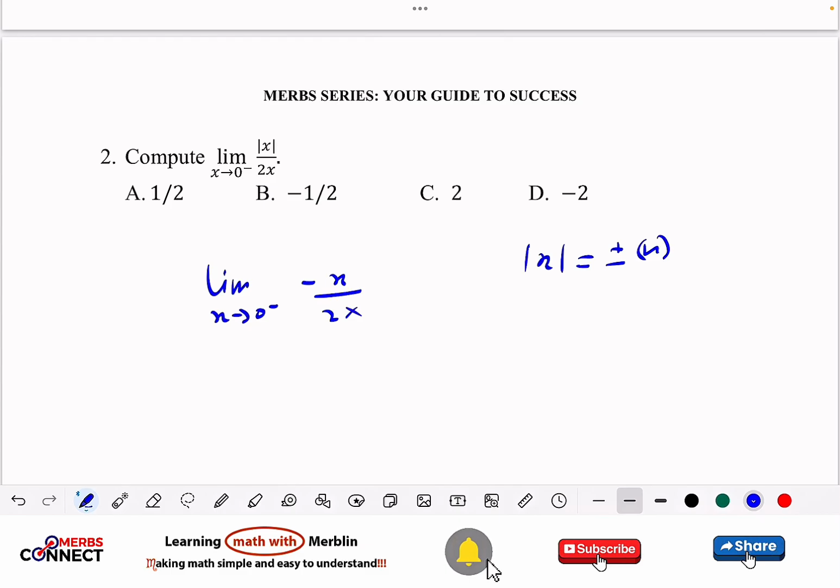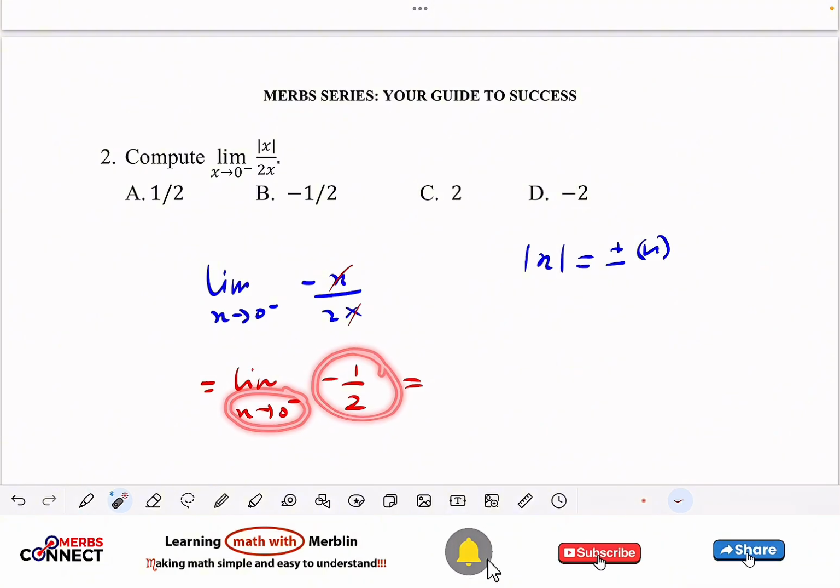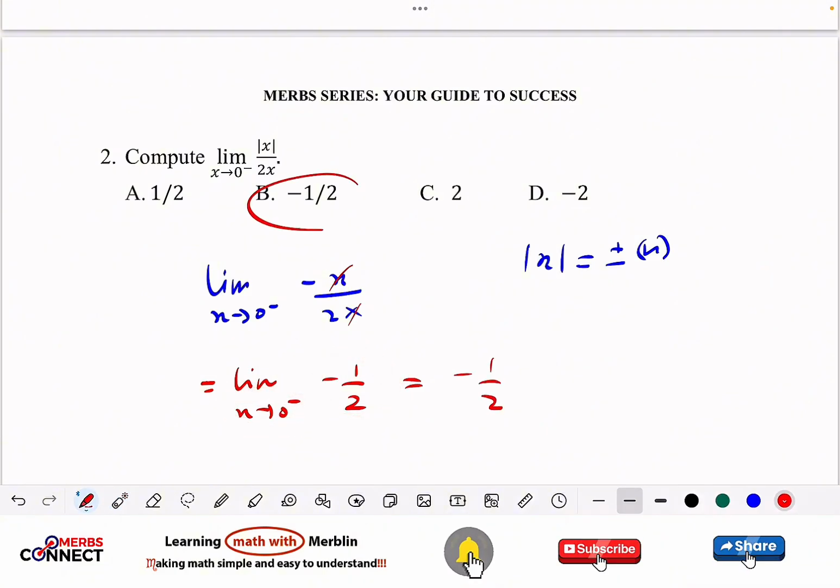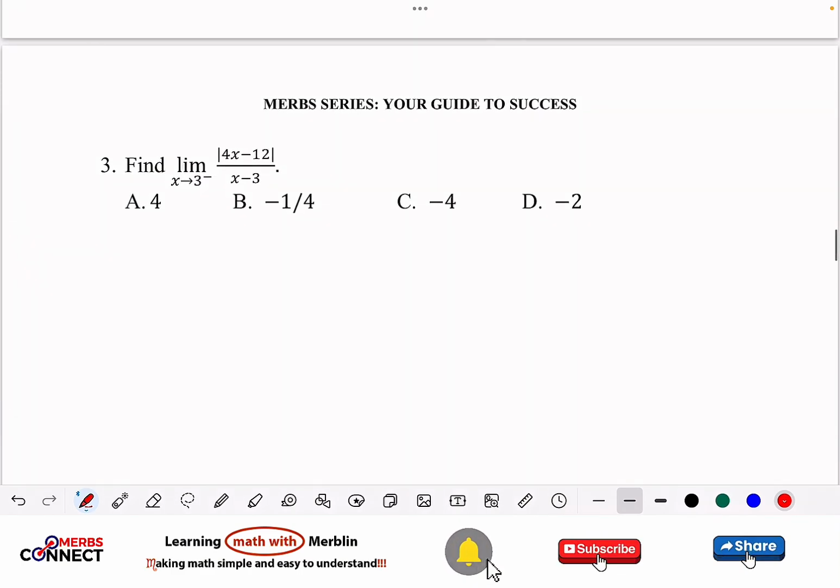Very simple. So now x cancels x, and we have limit x is approaching 0 from the negative side of minus 1 over 2. As soon as you are done with the simplification, as x is approaching 0, this is going to give us minus 1 over 2, which is here. Very simple.